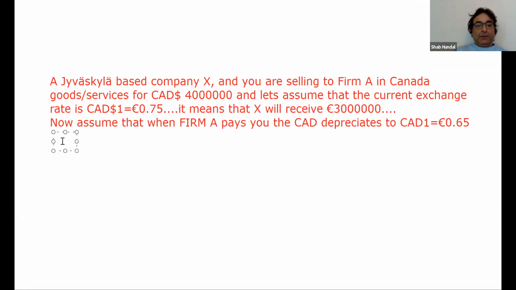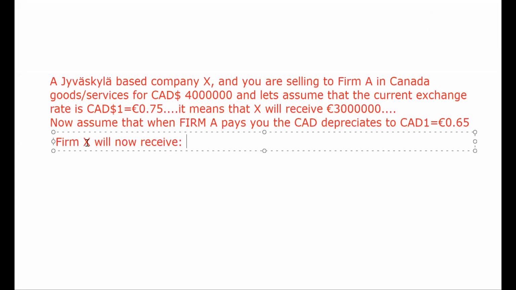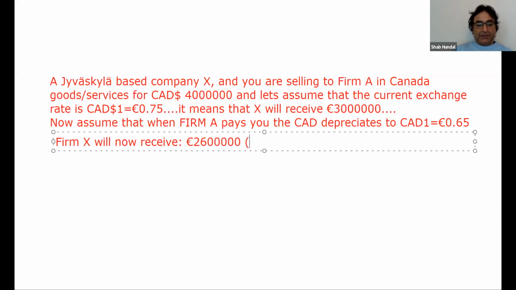So this firm based in Jyväskylä, firm X, will now receive how much money? 2.6 million. Exactly. So it's 2.6 million euros, basically.